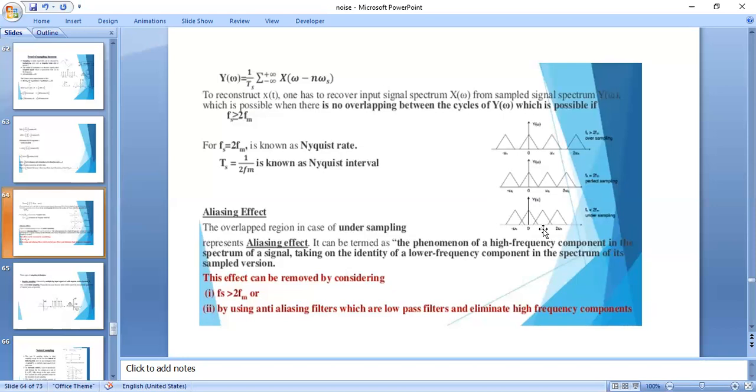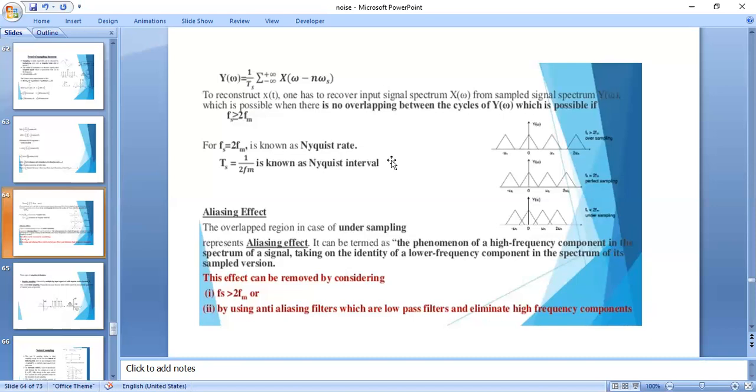Fs equal to 2 FM is known as the Nyquist rate, and the corresponding time is called the Nyquist interval. This is the sampling theorem. So what is sampling? Sampling is nothing but representing the continuous time signal as a discrete time signal by taking a sufficient number of samples, and by using these samples you can get back the original signal.